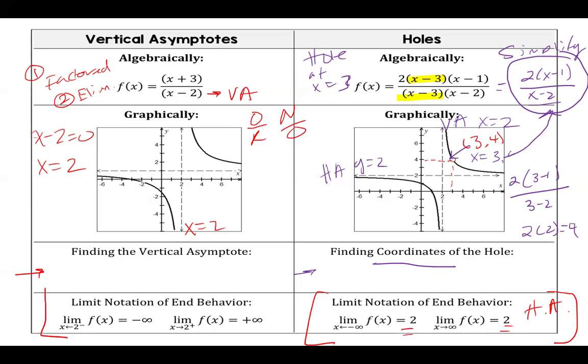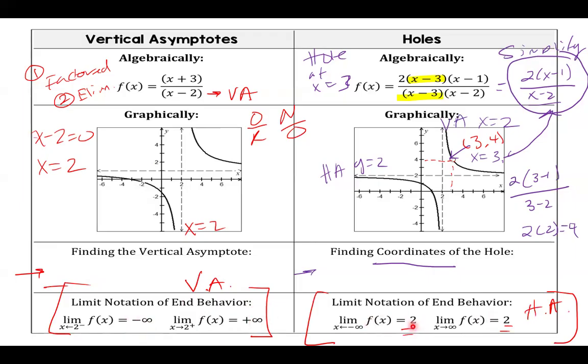This is how you know you have a vertical asymptote. The difference is what you're approaching and what your outcome is. So for vertical asymptotes, you are approaching the number, right, from the left and from the right, and your outcome is infinite. Do we see that?